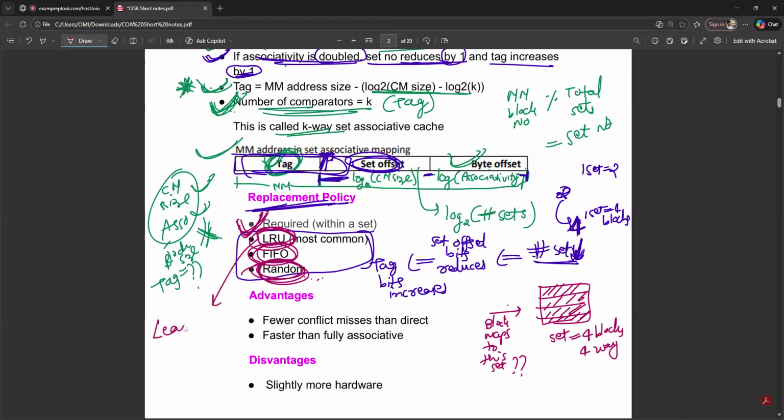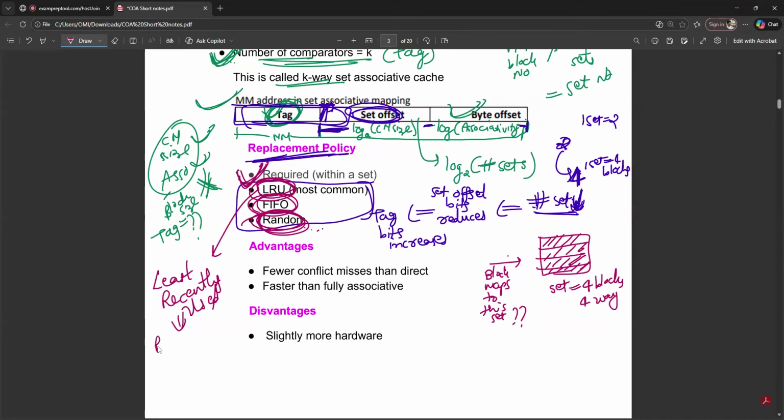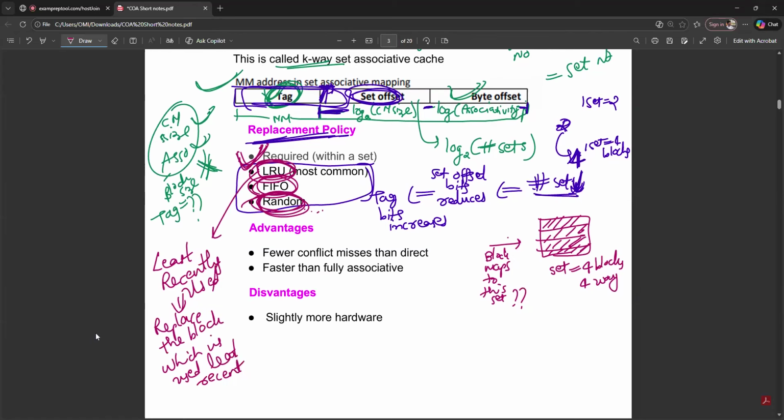Least recently used means replace the block which was used least recently.